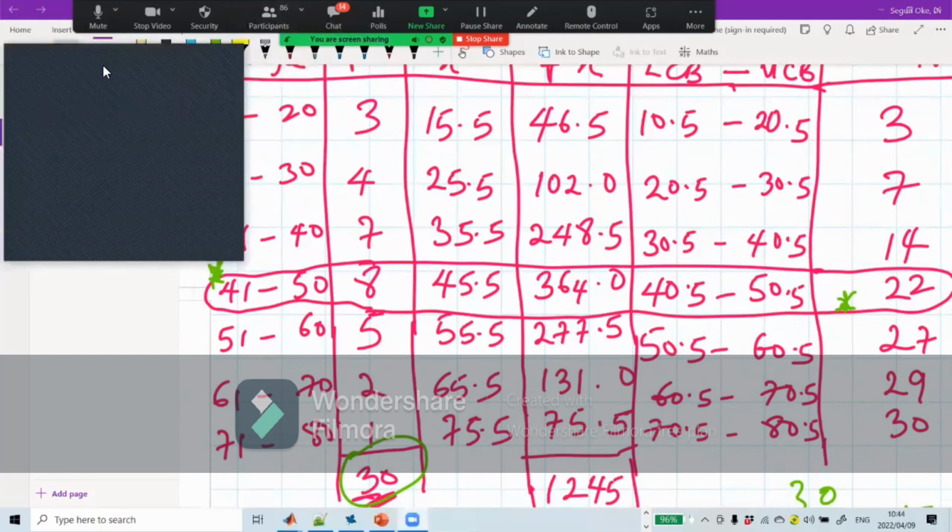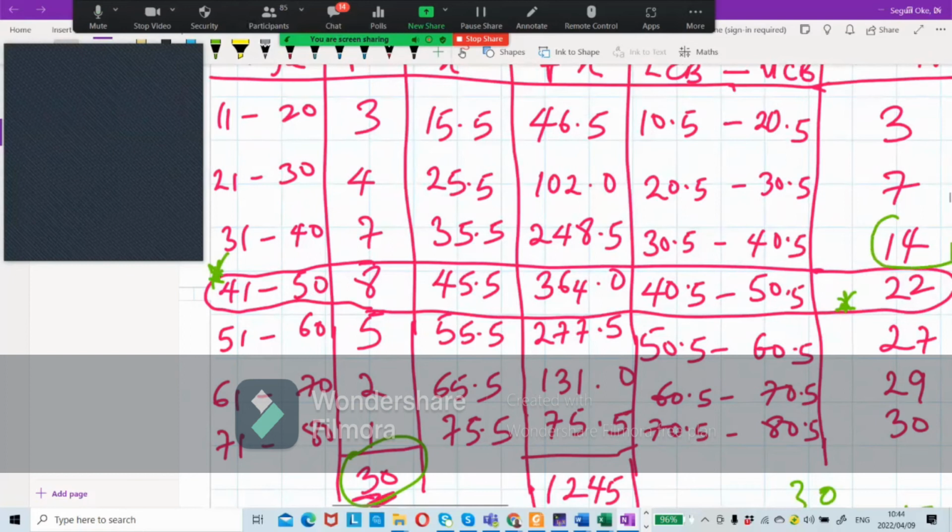Have you seen the table now? Yes, sir. So this is the cumulative frequency before the median class. Thank you, Abraham.